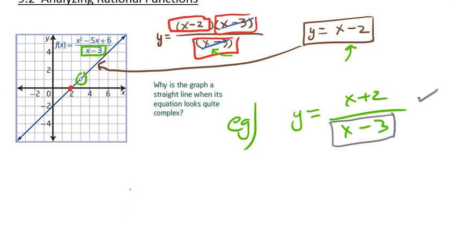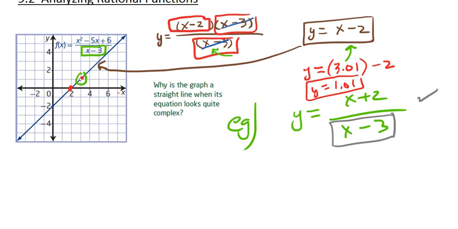For example, if we didn't have this graph, and I knew that 3 was a non-permissible value, and I wanted to know what the graph looked like near 3, I would put in an x value near 3, like 3.01, minus 2. You calculate that, and that's 1.01. So 1.01 is the y value of the graph very near x equals 3. If it's just beyond 3, it's 1.01.